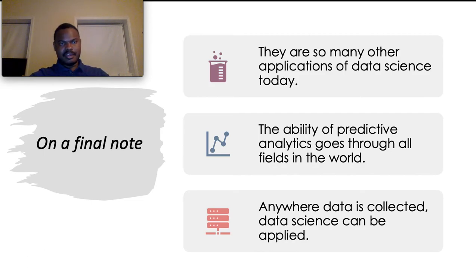And finally, anywhere data is collected, data science can be applied. You can think about data that has gone on for multiple years, information that has been collected from the beginning of time. If it's data, we can draw insight, and we can run some predictive analysis and machine learning on it.